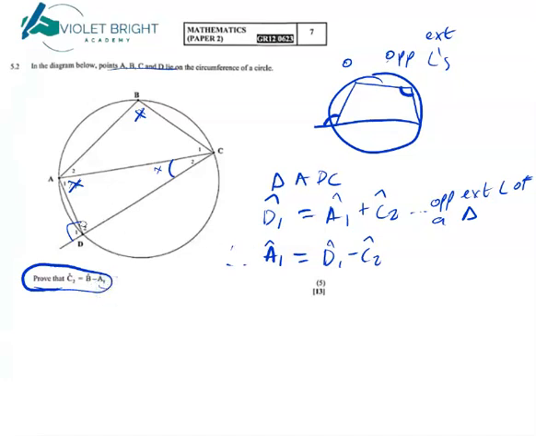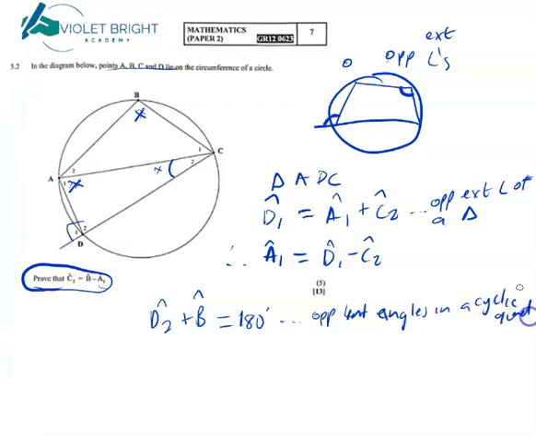Now D2. We know that D2 plus B, and here there is a cyclic quad, so if we add them, they will give us 180, because they are opposite interior angles in a cyclic quad.